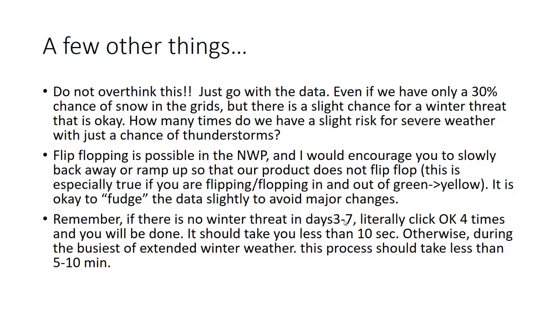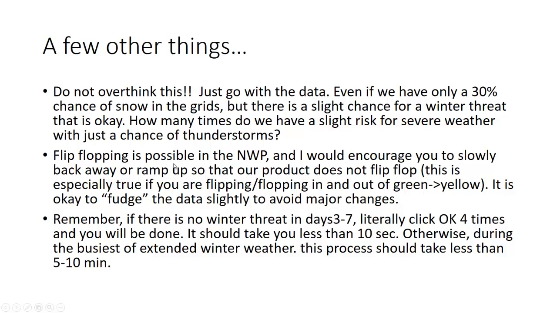Remember, there are many times that SPC may have a slight risk of thunderstorms, severe weather, and we don't have anything in the weather grid. It's okay. Don't overthink it too much. Now, if you have a moderate or high risk of a winter storm, and you don't have any snow or any winter weather in the forecast, that may be a problem. But I don't think that's going to happen.